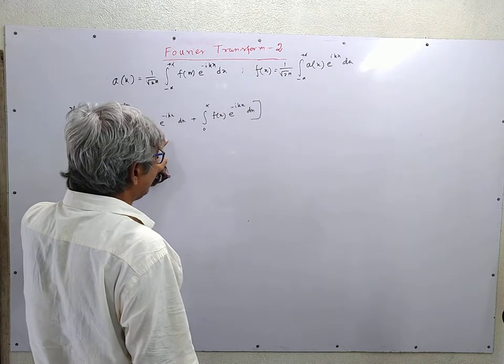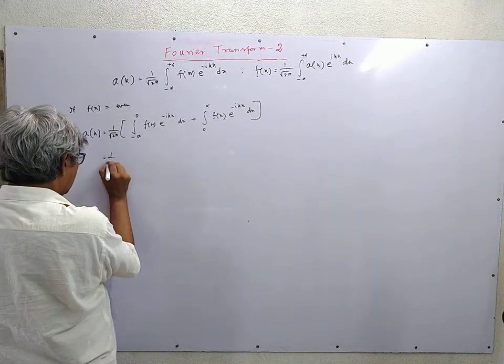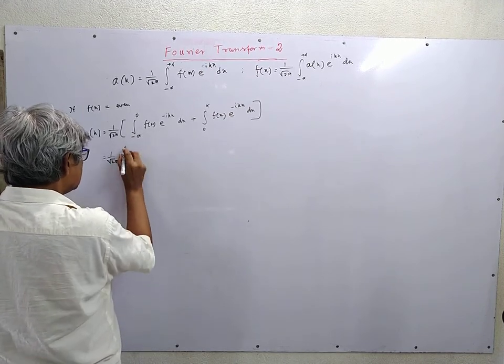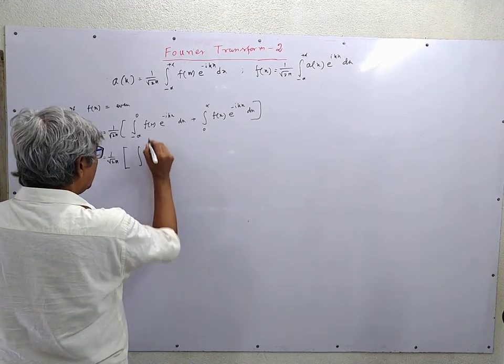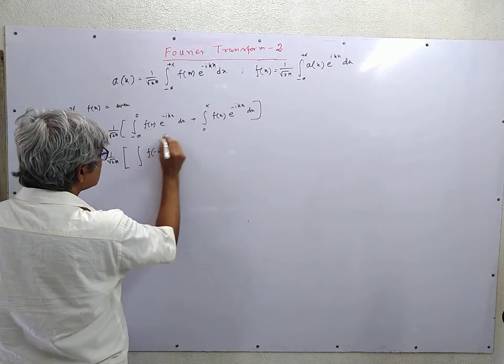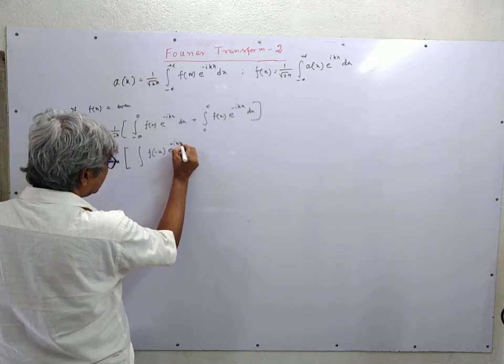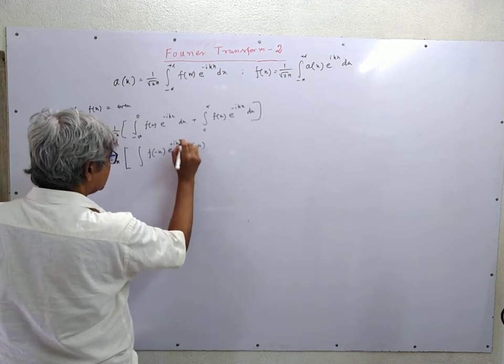We change this one as this, f of minus u e to the power, d of minus u.